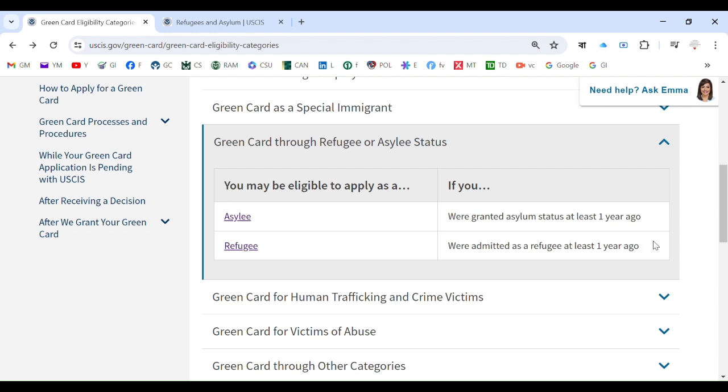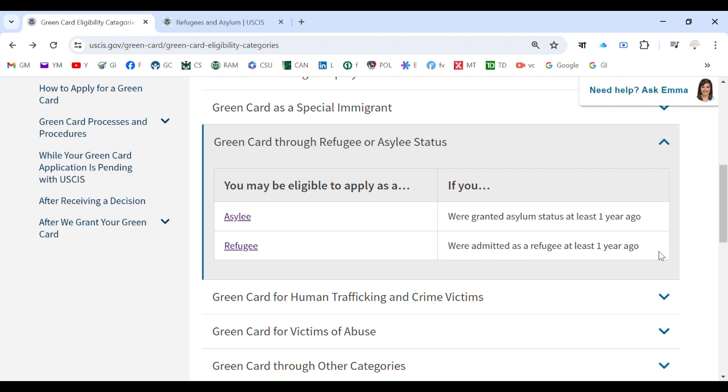If you were admitted to the United States as a refugee at least 1 year ago, the same thing applies. Not when your petition was approved, but when you were admitted, that means when you came inside the United States as a refugee. After 1 year in the USA, if you do not commit any crime and everything goes well, then after 1 year of your arrival in the USA as a refugee, you can apply for a green card. So that is what it means for refugee.